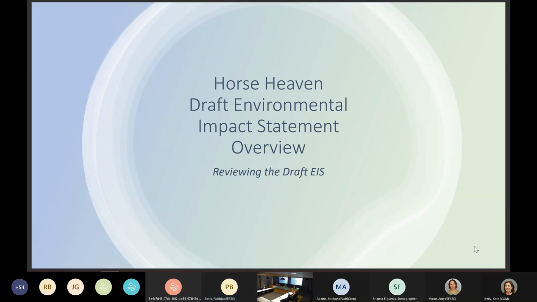If I can also add on, what Ms. Bess is describing is what the applicant might choose to do, but it is ultimately the responsibility of this Horse Heaven FSEC Council to make a recommendation to the governor, which includes the elements of the EIS as information to deliberate, as well as the adjudicative process, which we'll talk about next.